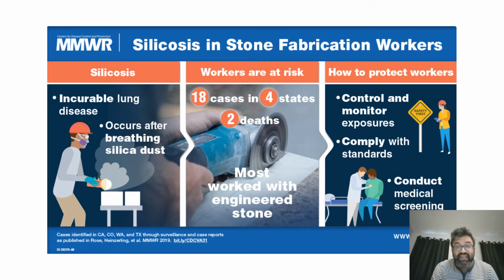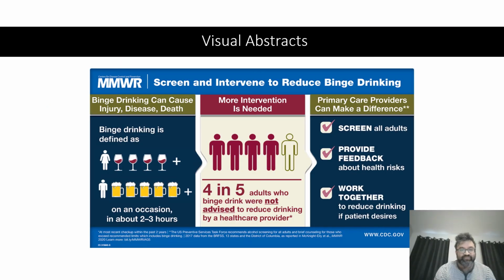So 18 cases, 4 states, 2 deaths. So most worked with engineered stone. So how to protect workers: control and monitor exposures, comply with standards, and conduct medical screening. So see, very simple 3-step approach, and this is a good visual.